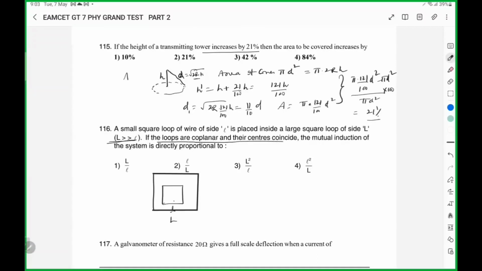Loops are coplanar and their centers coincide. The mutual induction: suppose current I passes through this bigger loop, which is the primary coil. Then the flux through the smaller loop, the secondary coil, will be found.